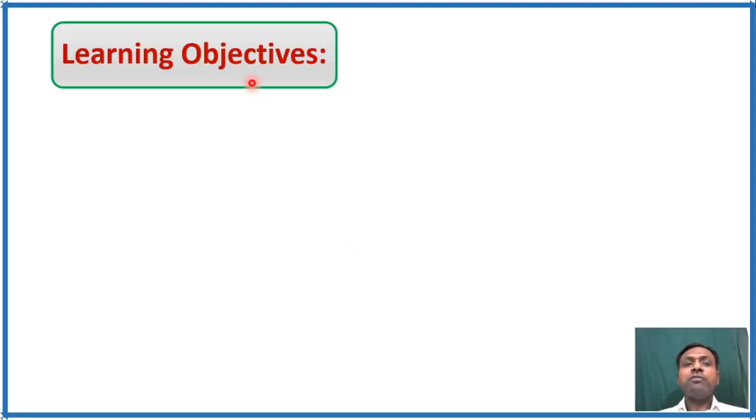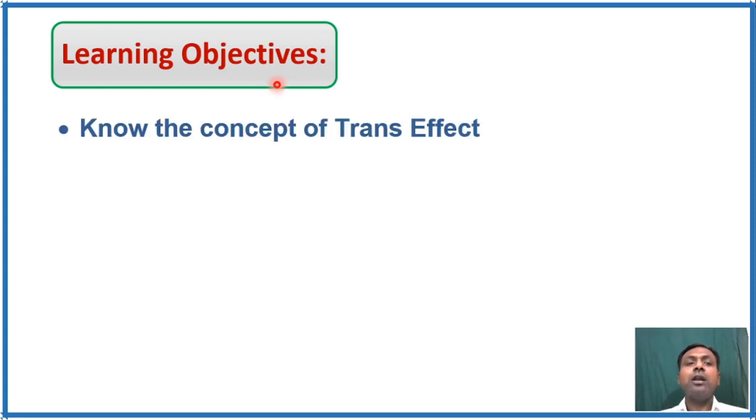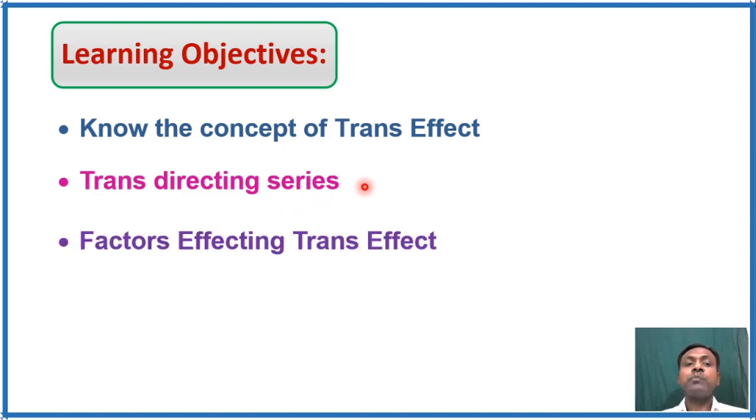Initially, the learning objectives of this lesson are to know about the concept of trans effect, that means what is trans effect and how it is happening, and what is the trans directing series, and what are the factors that affect the trans effect, that means which factors will influence the trans effect, and the theories of trans effect.